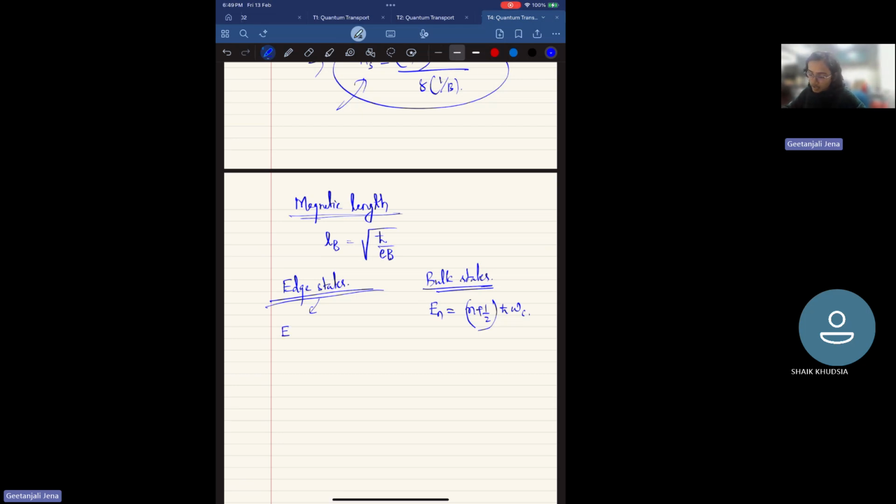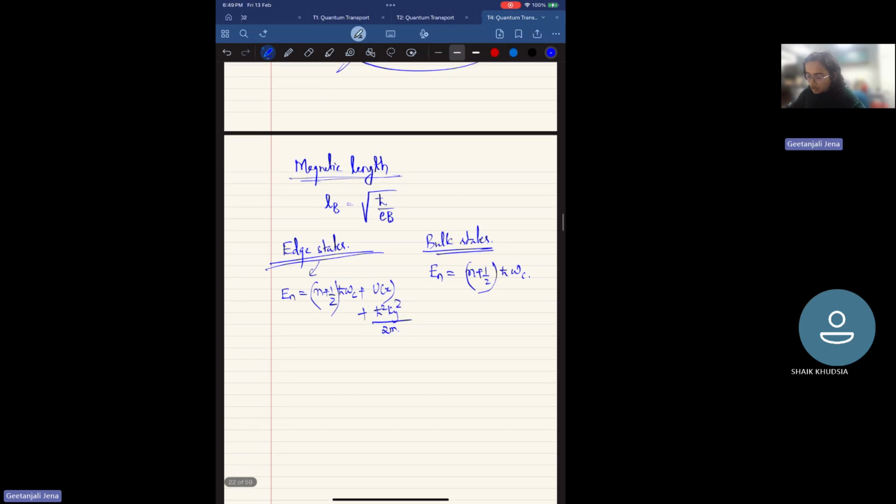So for the edges, the energy would be (n plus half) ħωc plus the confinement energy plus the energy that is driving it along the channel.